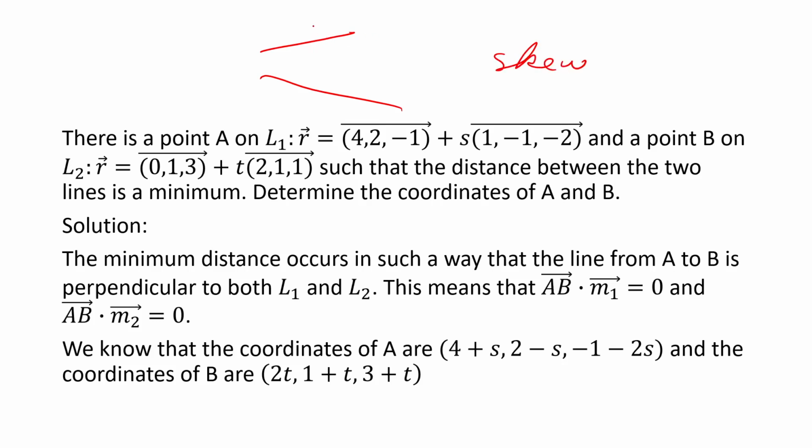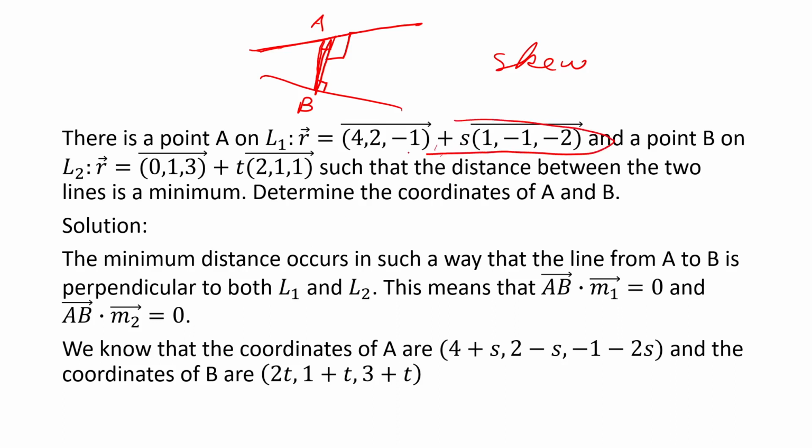This diagram I'm drawing up at the top here is hard to do in 2 dimensions, but I just want you to imagine there's going to be a point on each line. On the first line, I'll call it A, and on the second line, I'll call it B. And there will be a point on each line and one point only, such that the distance between A and B can be shown this way, and such that that line from A to B will be perpendicular to the L1, which is right here.